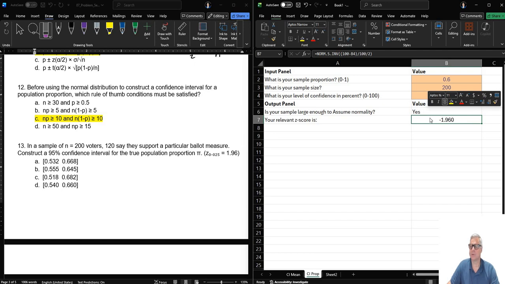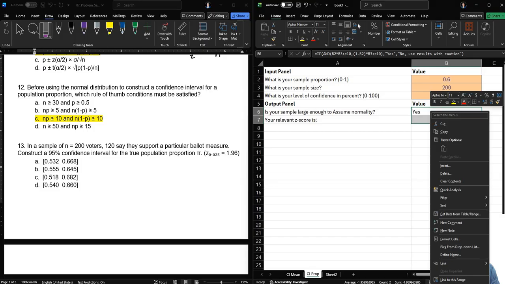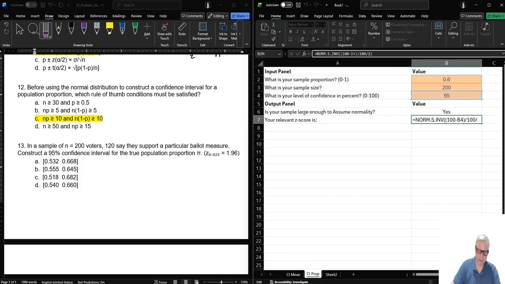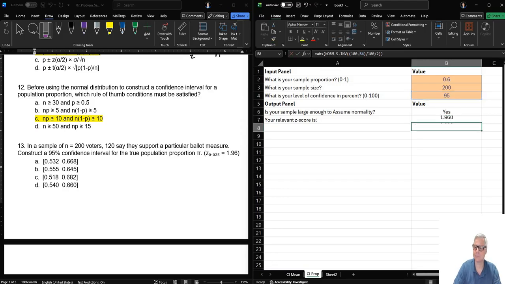Let's center everything again, and let's remove the negative, so I absolute this formula again. Okay, so 1.96. So it's the same as here.